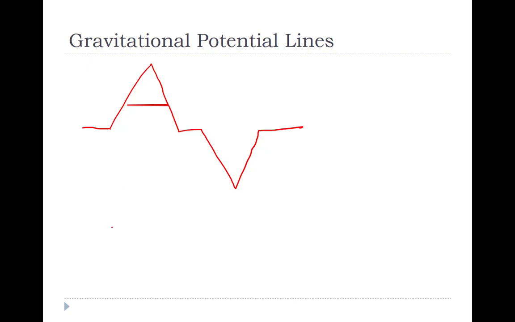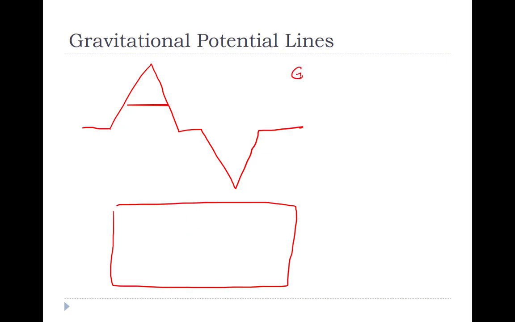If I want to draw a map showing lines of constant gravitational potential for my world here, what would it look like? Well, remember, gravitational potential, I almost said energy there, just equals gh. So what I really need are lines of constant height.